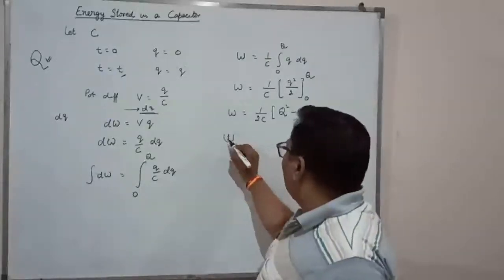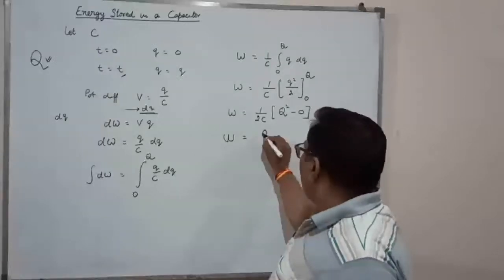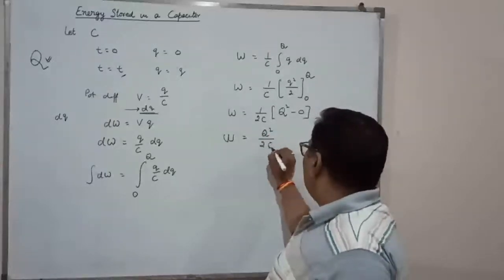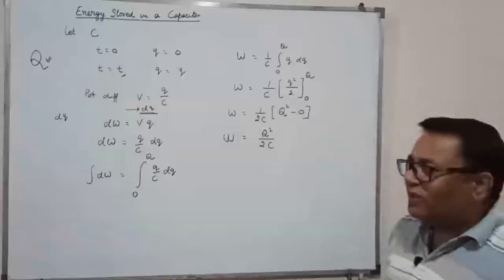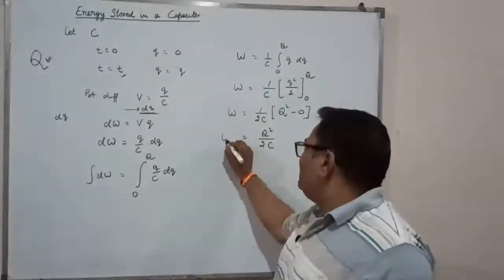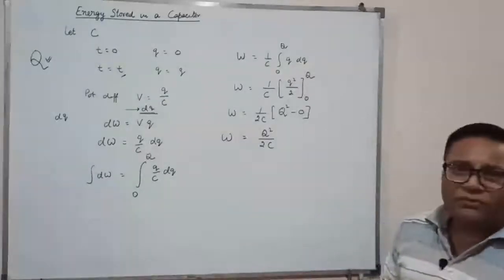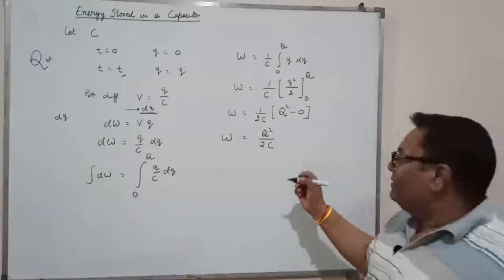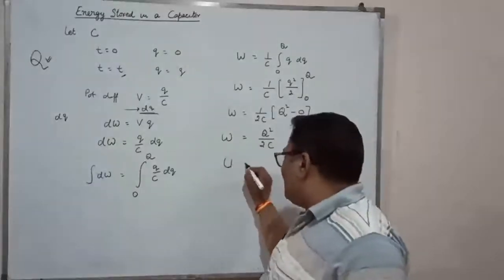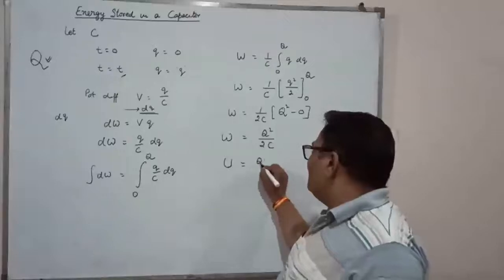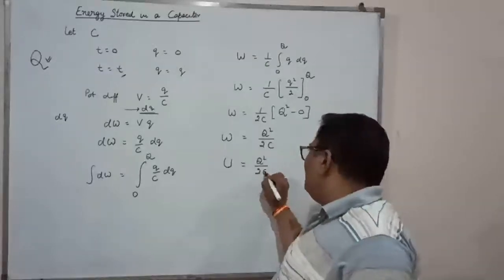That is W is equal to Q square upon 2C, and this work done is stored in the form of potential energy. That is the energy stored in the capacitor, U is equal to Q square upon 2C.